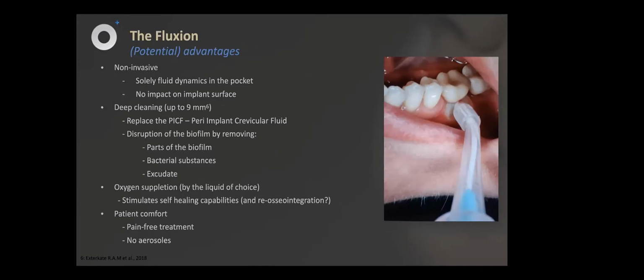Well, the potential advantages of the fluxion device are that it is non-invasive. It's solely fluid dynamics in the pocket, with no impact on the implant surface. Yes, we can do a deep cleaning up to 9 millimeters.